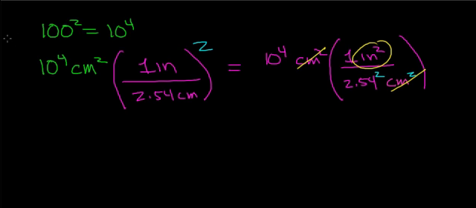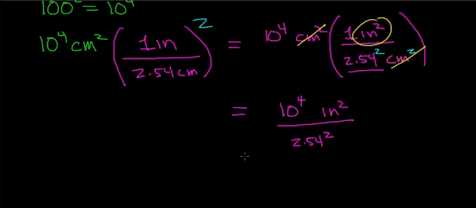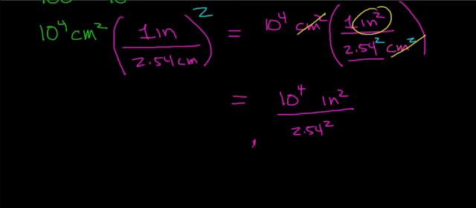And so now the next step is to take 10 to the fourth and multiply it by everything in the numerator. In this case, it's going to be 10 to the fourth times inches squared. Divide by everything in the denominator, which is only going to be 2.54 squared. Now when I simplify that out, I'm going to get 10 to the fourth divided by 2.54 squared, which works out to be about 3,937 inches squared.